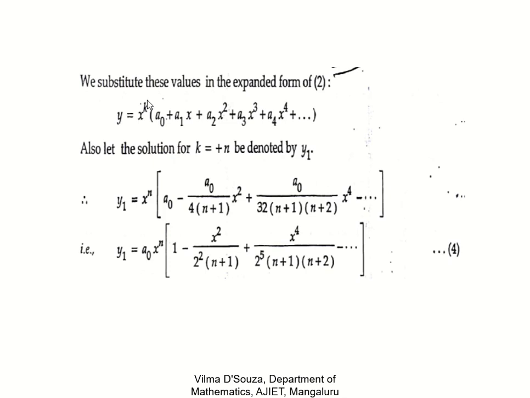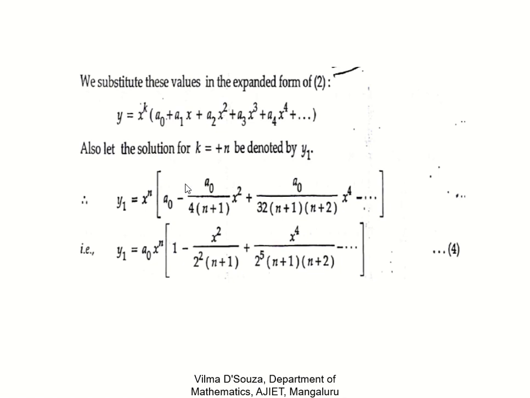X power k, if you take out A0 plus A1x plus A2x square plus A3x power 3 and so on. Let the solution for k equal to plus n be denoted by y1. You are finding now the solution when k is equal to n. So y1 is equal to x to the power n into A0 plus A1 is 0, so A1x becomes 0.